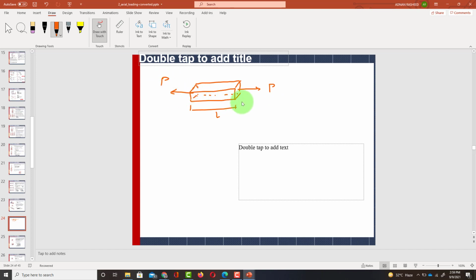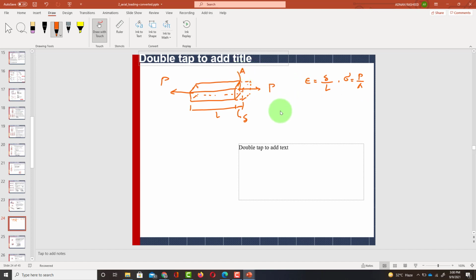So after applying load, you have noticed that the length will increase. Clear? So this change in length is represented as delta. Now the strain will be equal to change in length over original length, and normal stress will be equal to P by A. Let A be the area of this bar.